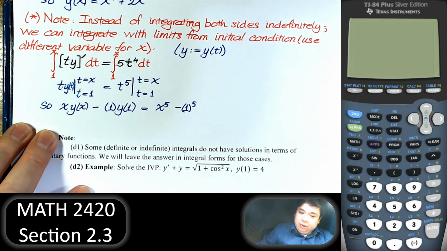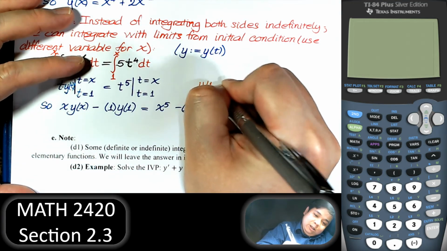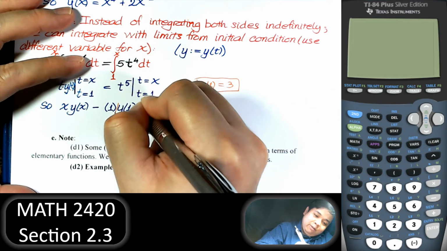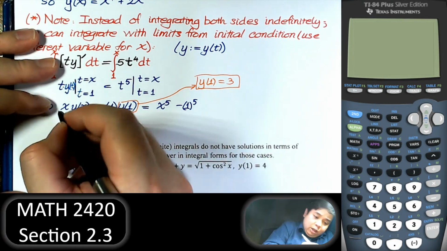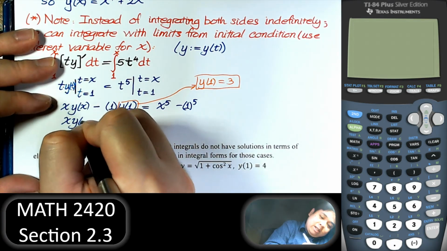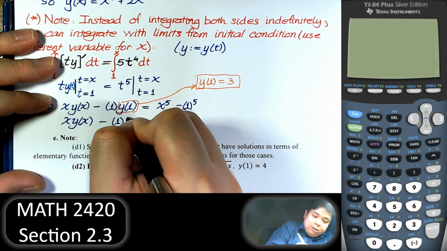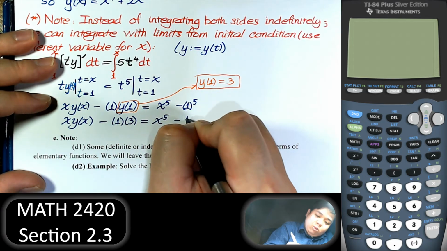Right. The initial condition y of 1 equal to 3, right? And that's what we have here. So I have x times y of x minus 1 times 3 equal to x to the fifth minus 1.